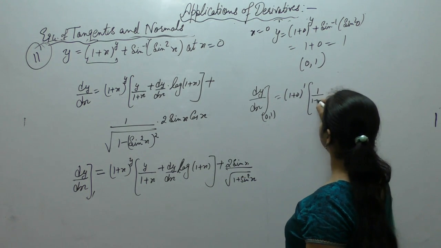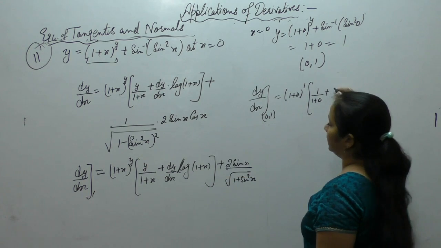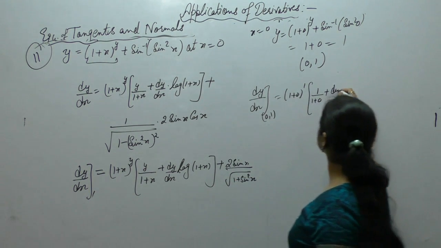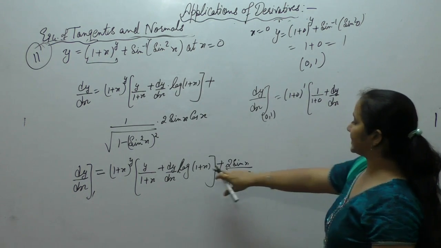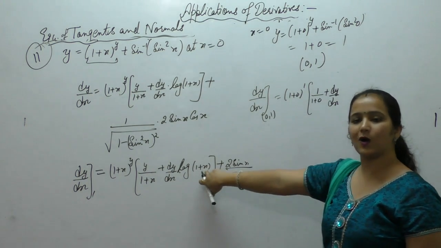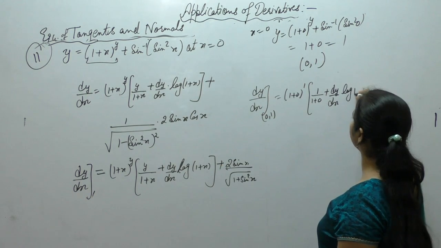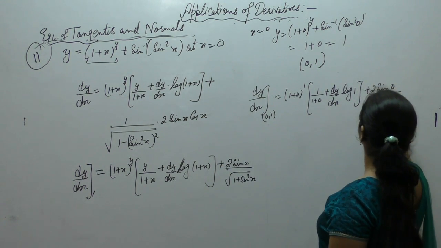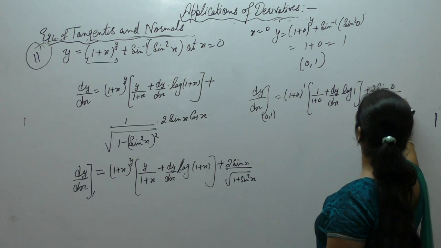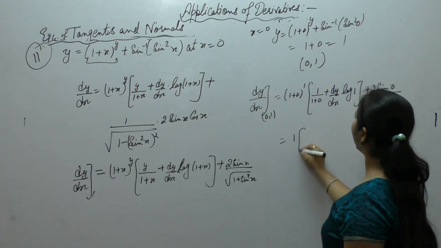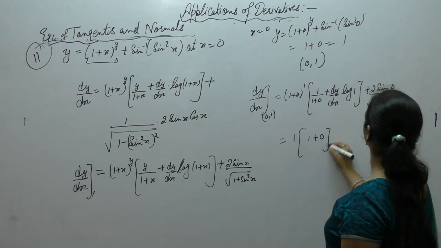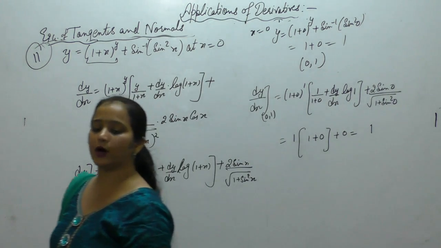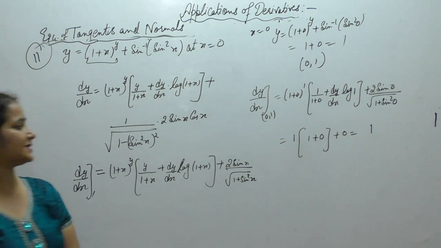Dy/dx as it is. X is 0, log 1 is also 0, plus 2 sin 0 over 1 plus sin²0. So log 1 is 0, sin 0 is 0. So we get dy/dx, slope of tangent, as 1.